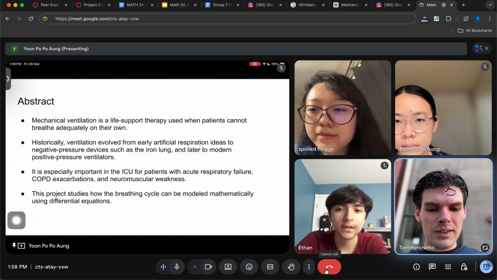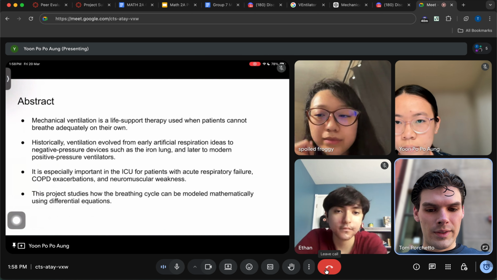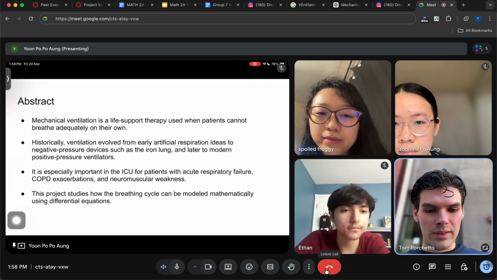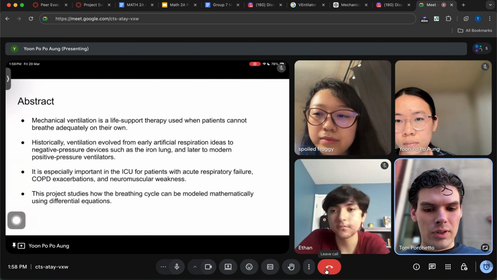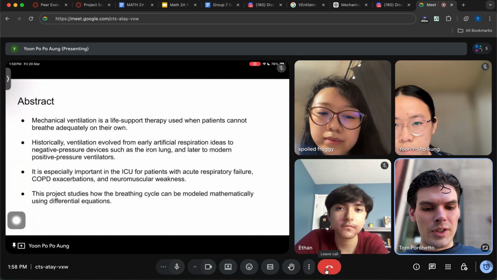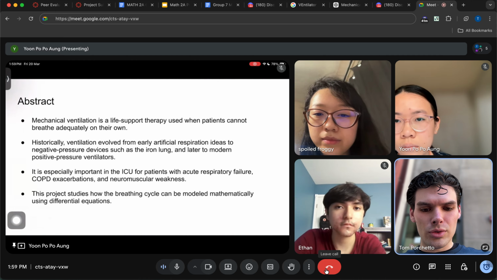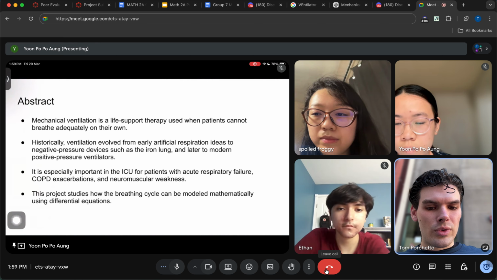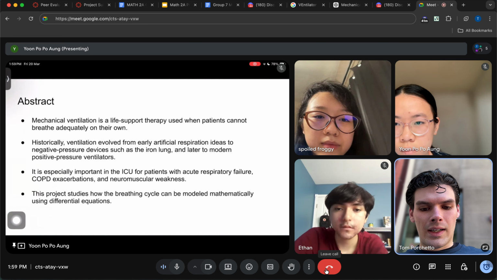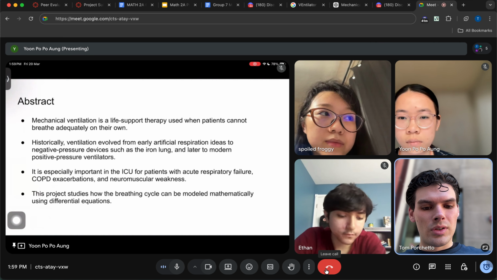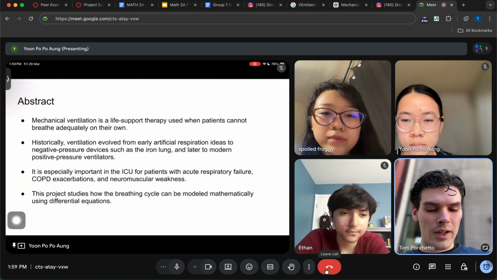Mechanical ventilation is a life support therapy used when patients cannot breathe effectively on their own. Its development spans from early artificial respiration concepts associated with Andreas Vesalius, to the negative pressure iron lung of the polio era, and the positive pressure ventilators used in what we call modern intensive care.